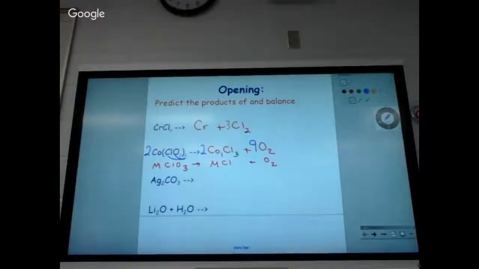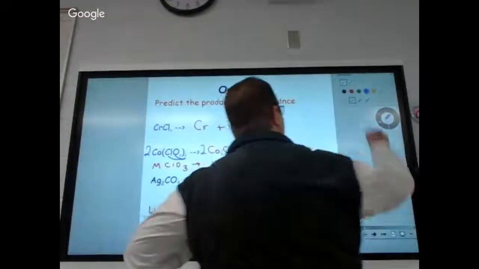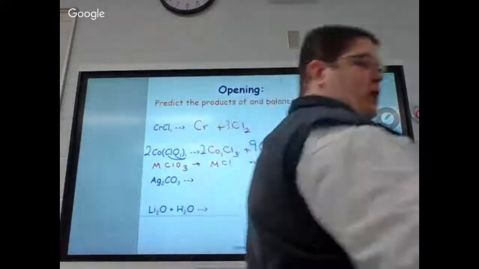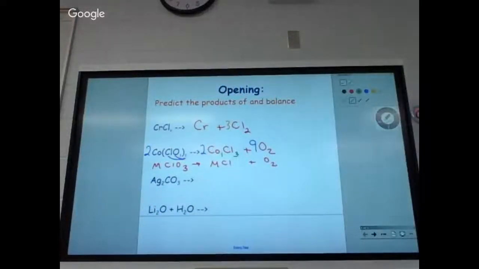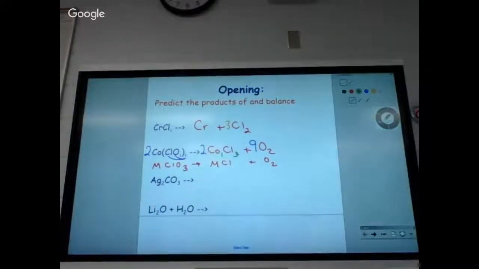Okay. How many elements do I have? 3. I have 3. So anytime I have 3, where do I look? The reference table. Okay. So if I look at the reference table, which one of these trusty little formulas looks just like Ag2CO3 under decomposition? Metallic carbonates.